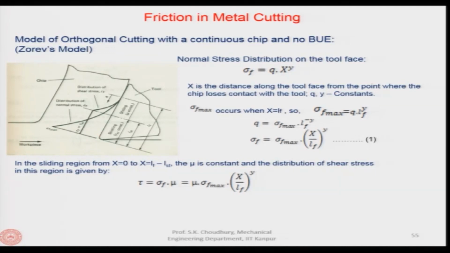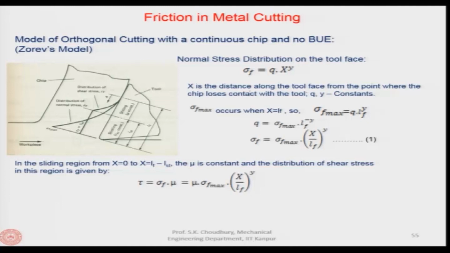Okay. Now, the length of the sliding zone will be LF minus LST if the LST is considered to be the length of the sticking zone, where the tau remains constant and maximum. So, overall the distribution of the normal stress and the distribution of the shear stress will be as shown in the diagram.